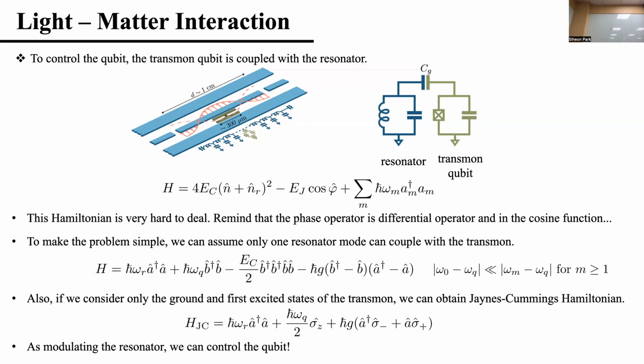So this term means the capacitance between the circuit and the transmon. This is the interaction term. So by controlling the number of photons, you can change the state of the transmon. So you control it by the charge on the capacitor. Yes, a charge of the resonator.